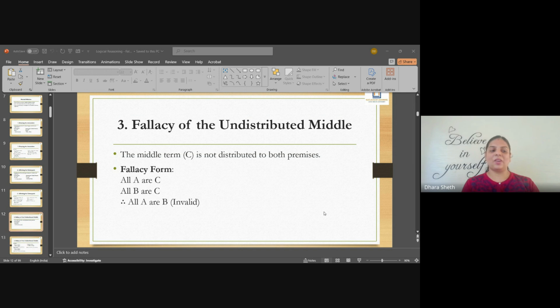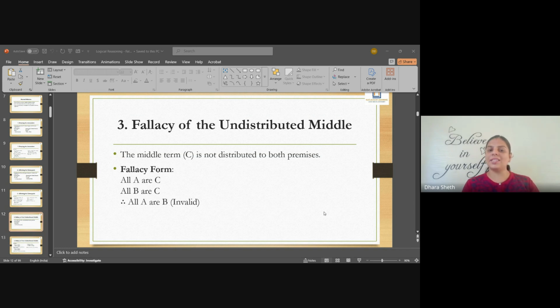Now, as per the rules of syllogism, the middle term has to be distributed at least once. That is, there has to be some sort of statement about all entities included in that middle term, either all or something that is not true about all. Otherwise, that syllogism is not valid.